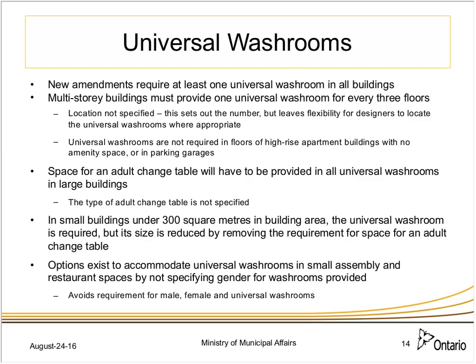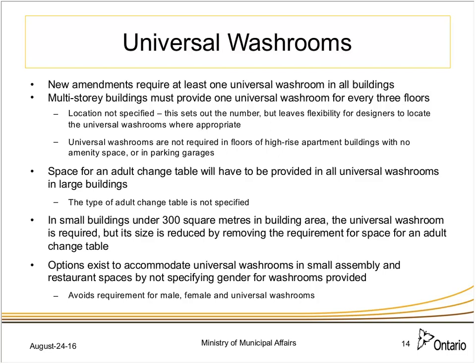They also don't have to be in areas where there is no requirement for a washroom currently. So in underground parking garages, as a key example, or in the residential portions of apartment buildings. The other misconception is that we say you have to have a specific type of adult change table in the universal washroom. What we say in the code is that there be space for an adult change table in that universal washroom.